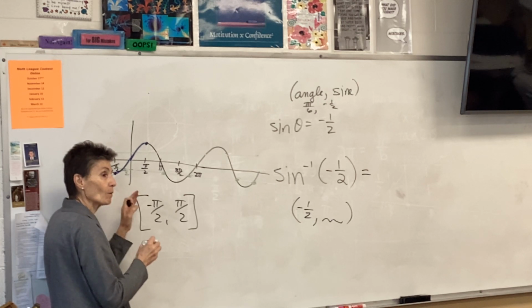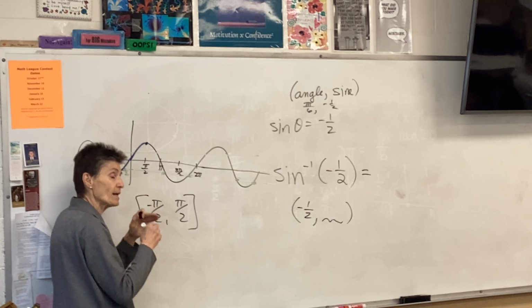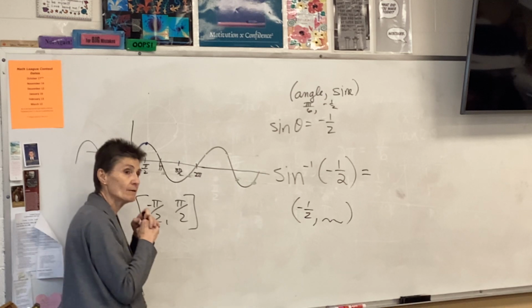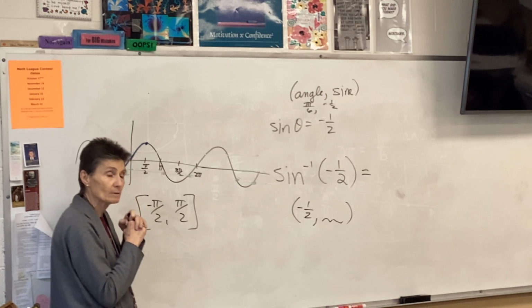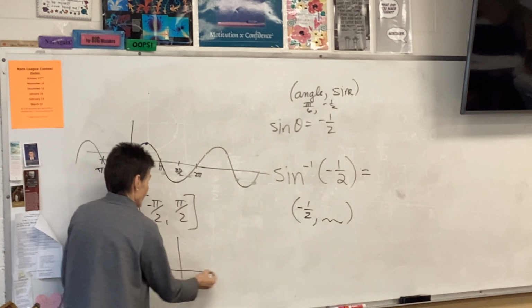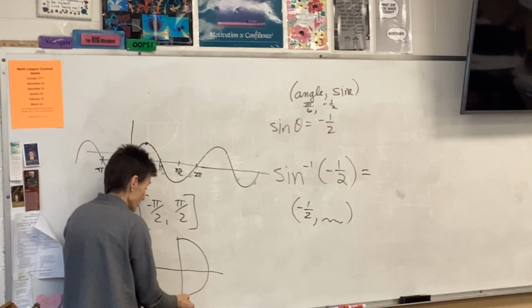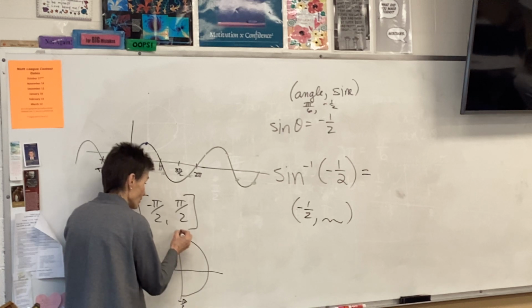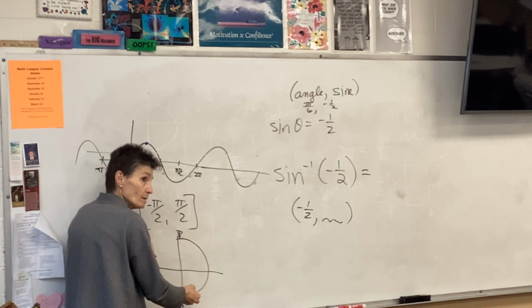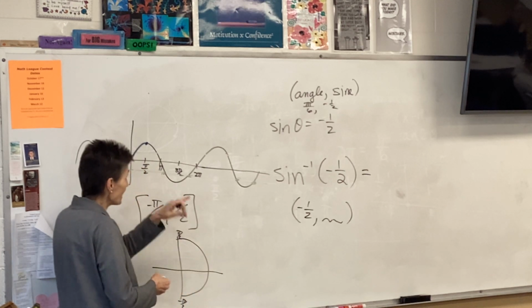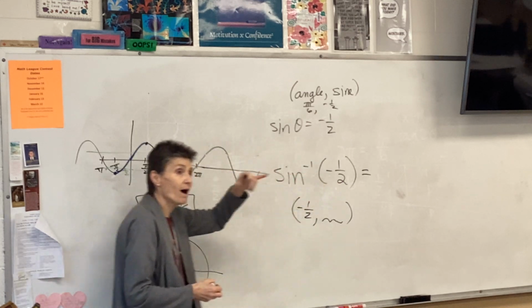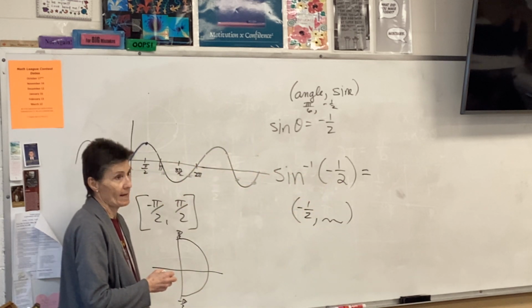So think about all of the angles that have a sine of -1/2 on your circle. They're in this part of the circle, -π/2 to π/2, right, over here. What angle would have a sine of -1/2?